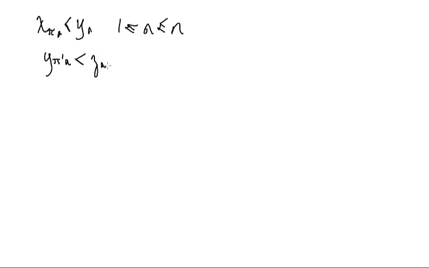some element z. So the implication is that, of course, x is nested in y and y is nested in z, and we have to prove that that indicates that x is also nested in z.